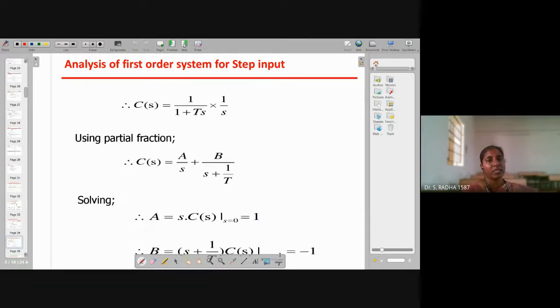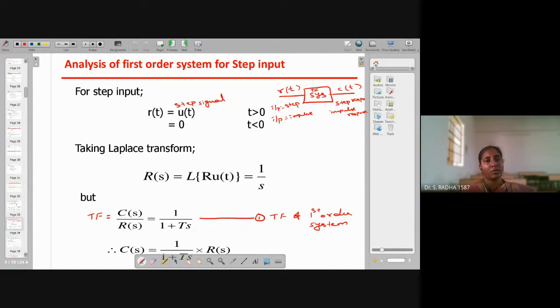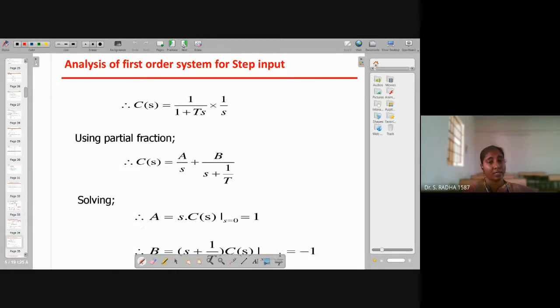Now I am proceeding. If R of t equals U of t, we apply the Laplace transform to get R of s. The Laplace transform of U of t is nothing but 1 by s. Now I am applying it in the system.